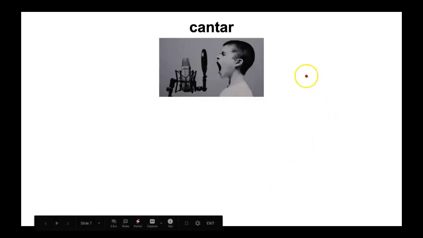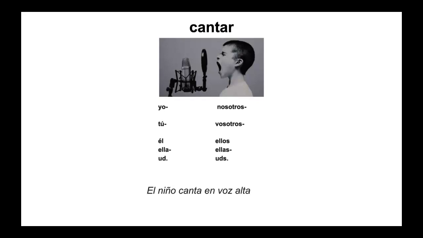All right, guys, let's keep practicing. Cantar. Okay, yo form of cantar, I sing. Muy bien. Tu form, él, ella, usted, nosotros, vosotros, ellos, ellas, ustedes.